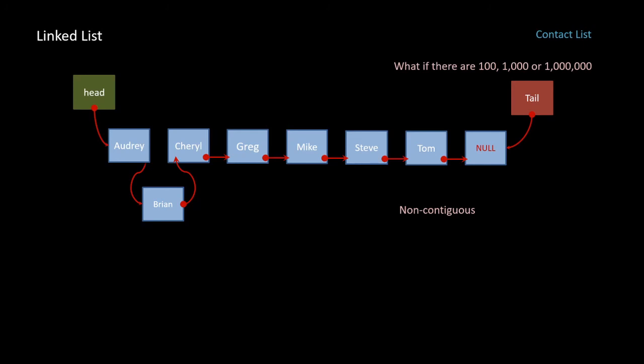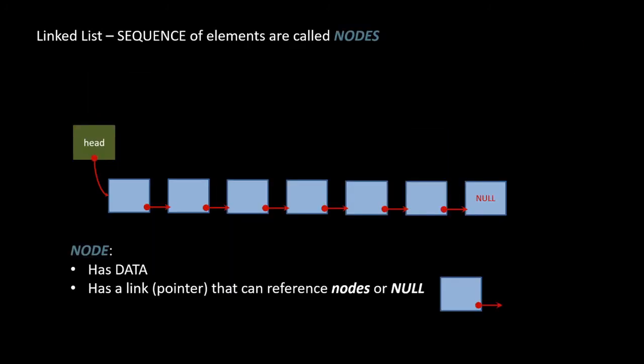But just to be aware, you've got your head, your nodes, and then a tail, which is really, for the most part, just pointers. When we look at this sequence of elements, these are referred to as nodes. The node actually has the data, but it also has the link or the pointer that can be referenced as nodes, or even in this case at the very end as a null.